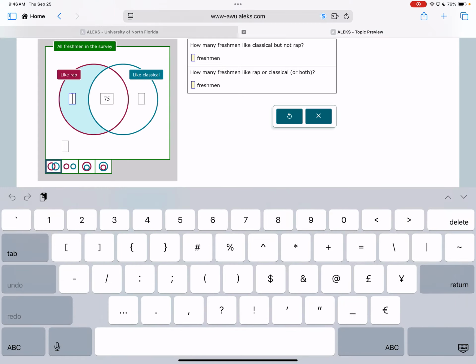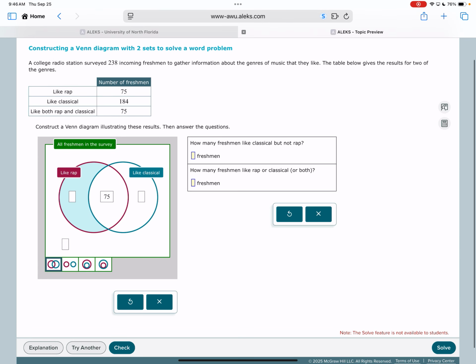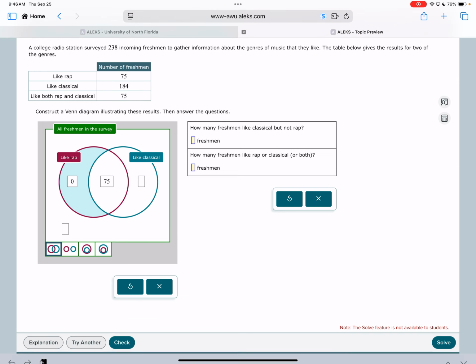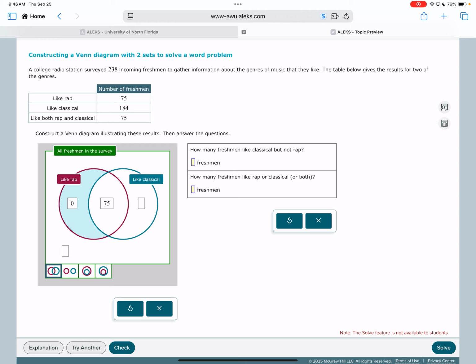So what you actually have to do on this one, it is always easier if you can start in the middle and work out. So if I have 75 people that like both rap and classical, I actually have 0 people that like only rap, because the people that like rap and classical do like rap, right? So you have to try to start in the middle here.